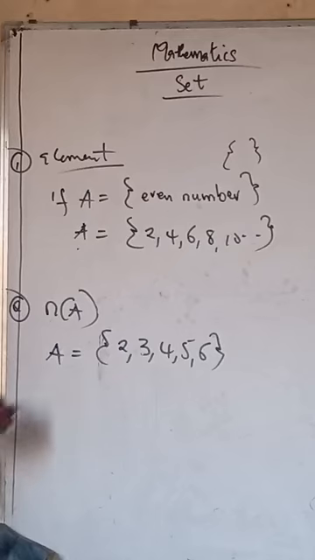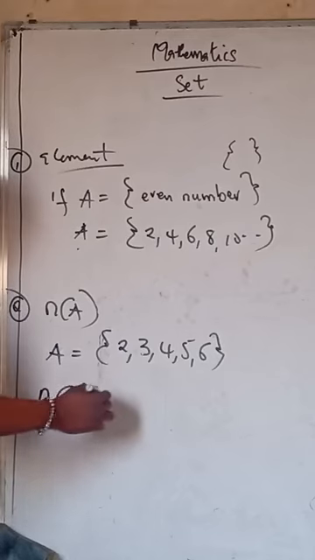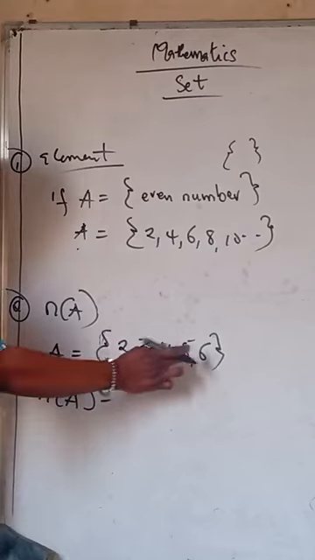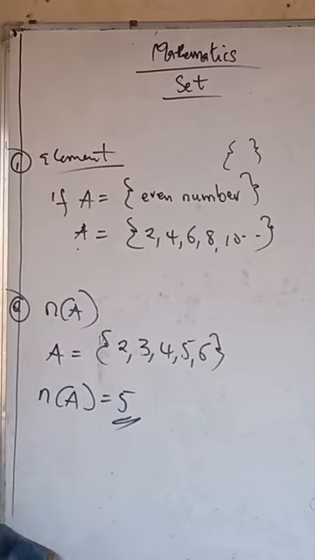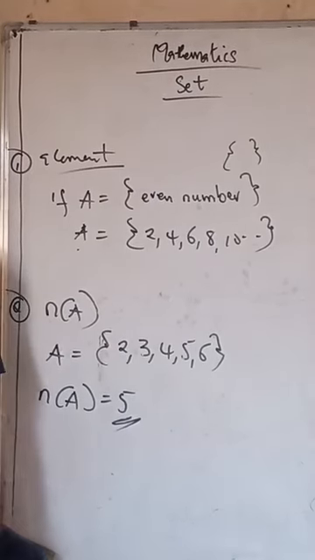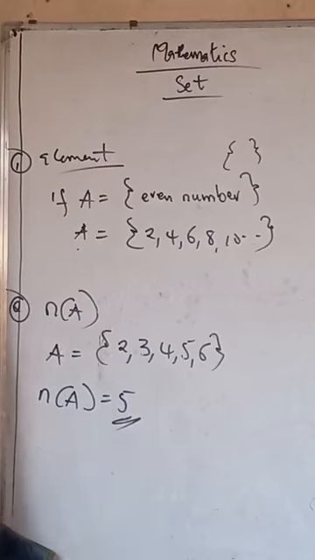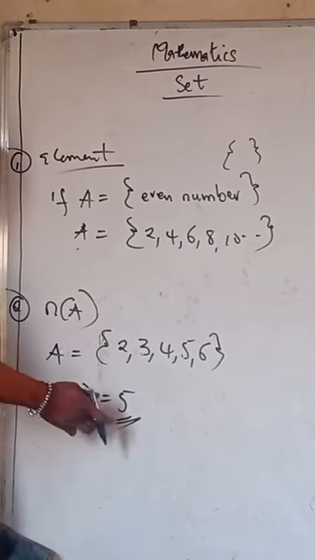The answer is 5. So when you come across this n(A) in your exam, it's telling you to count the number of members in A and write it as the answer.